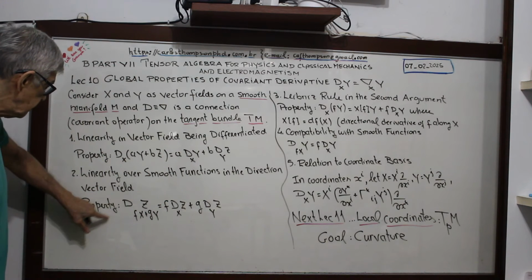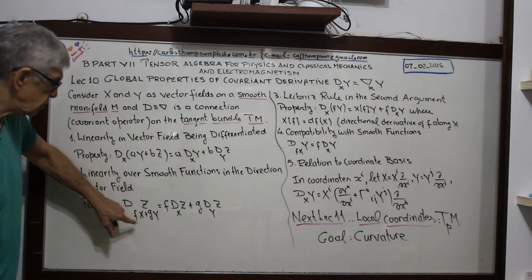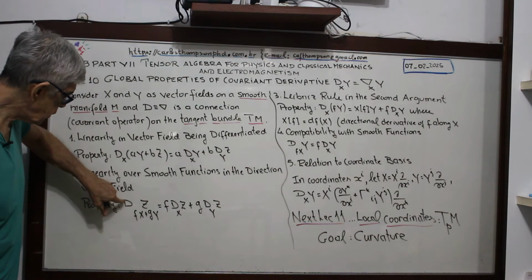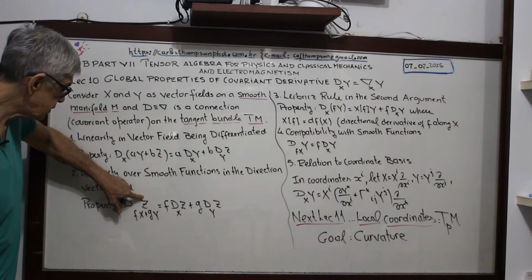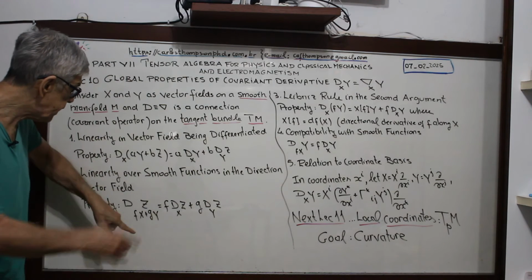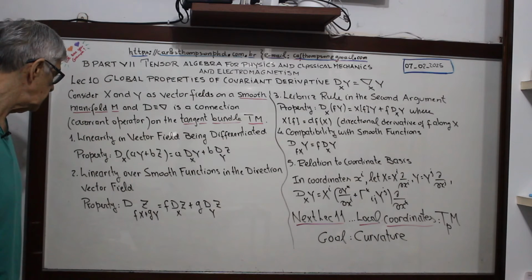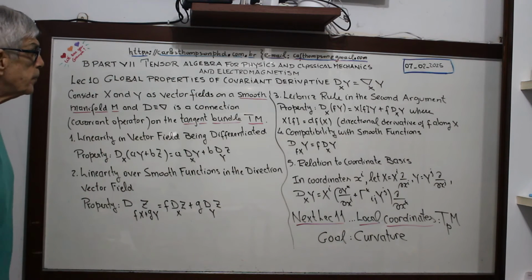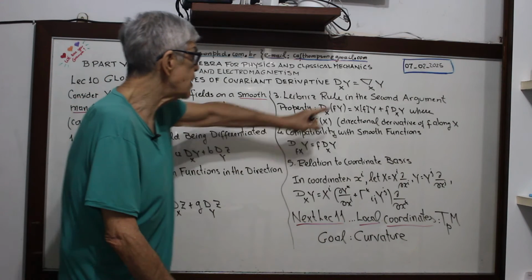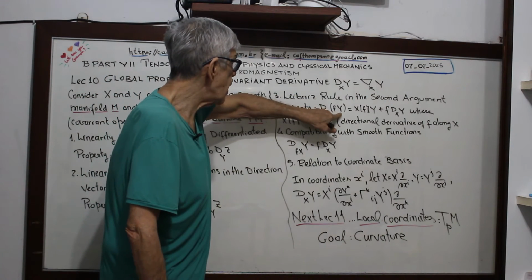So the property D_{fX+gY}, where f and g are functions, operates on the vector field Z. This case expands as f D_X Z + g D_Y Z. And the third property, the Leibniz rule on the second argument. Property D_X(fY).